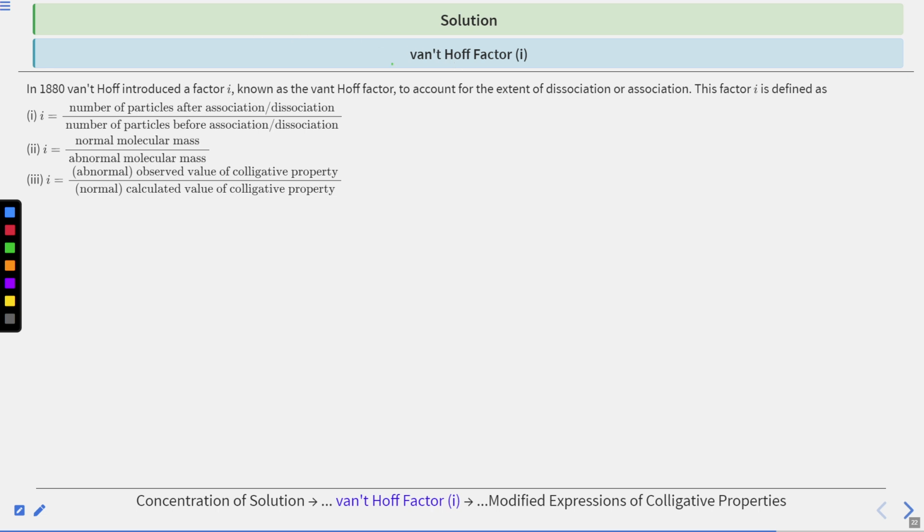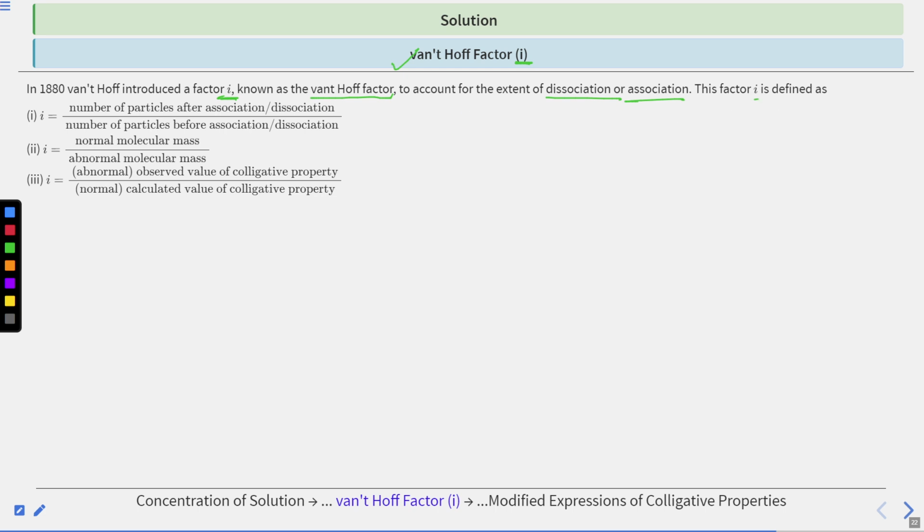Now, the Van 't Hoff factor, represented by i. In 1880, Van 't Hoff introduced a factor i, known as the Van 't Hoff factor, to account for the extent of dissociation or association. So, how much dissociation or how much association is happening? This we can tell by using the Van 't Hoff factor.